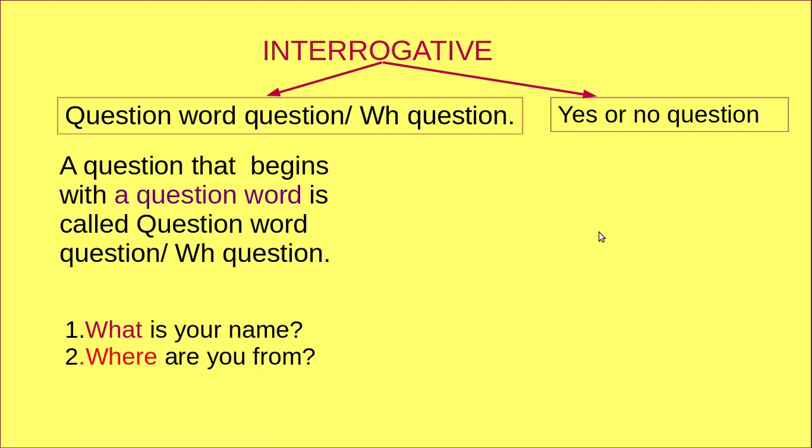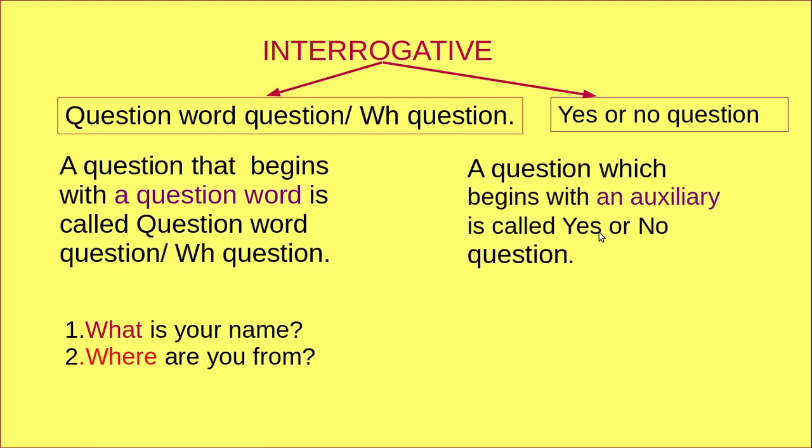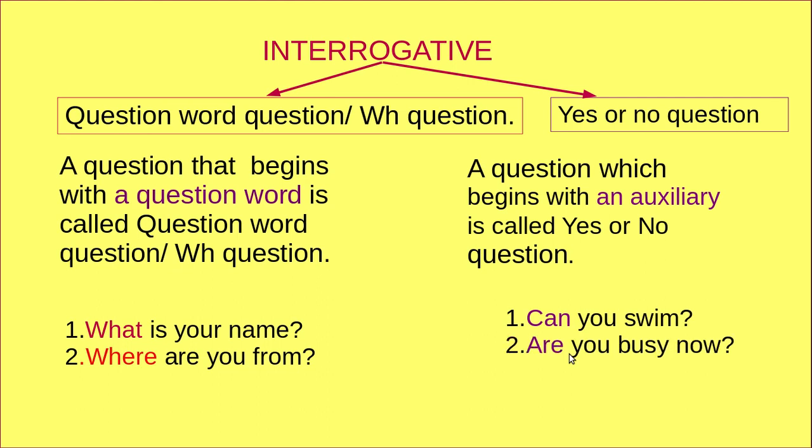And a question which begins with an auxiliary is called a yes or no question. Again, a question which begins with an auxiliary is called a yes or no question. Example: Can you swim? Are you busy now? Can is an auxiliary and are is an auxiliary.